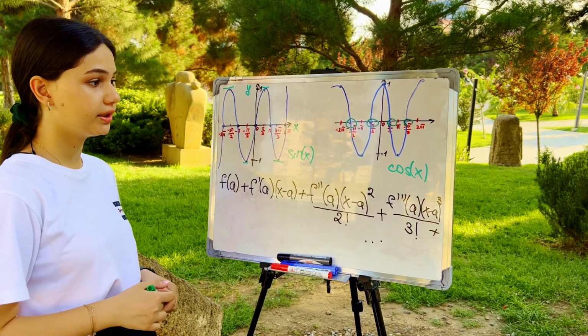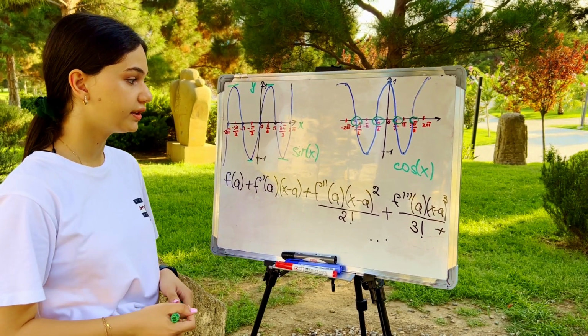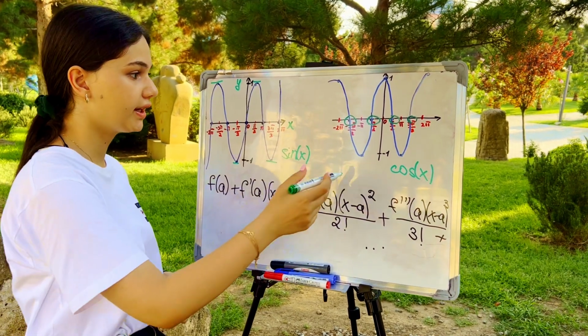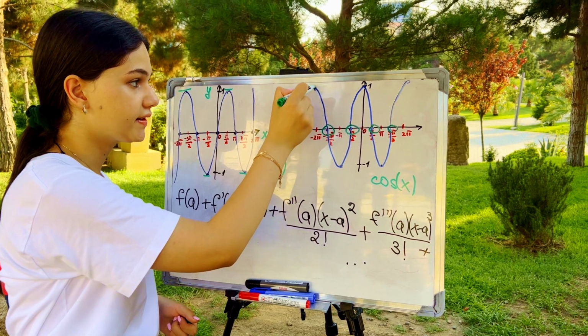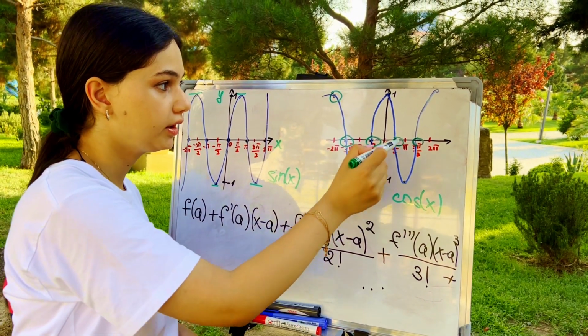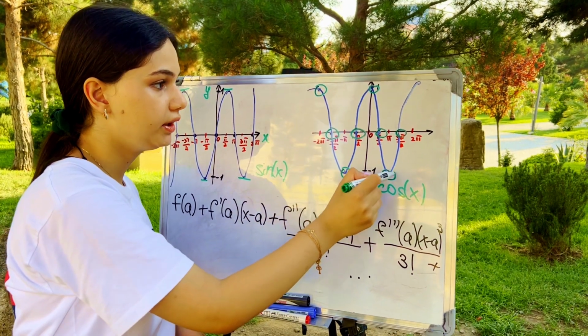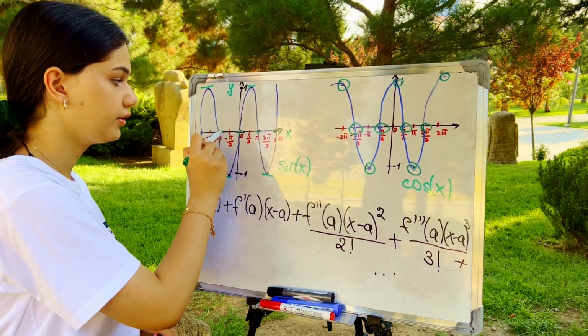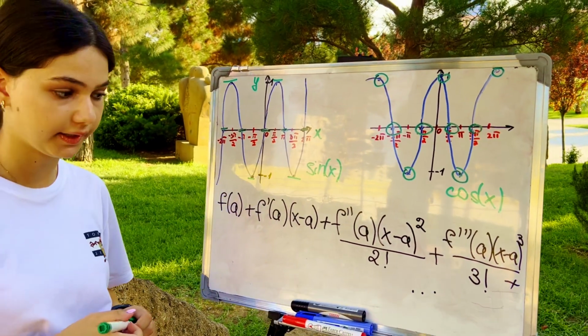I can also mention that cosine has maximum and lowest points at negative 2π, negative π, 0, π, and 2π, which are actually equal to 0 when we have sine of x.